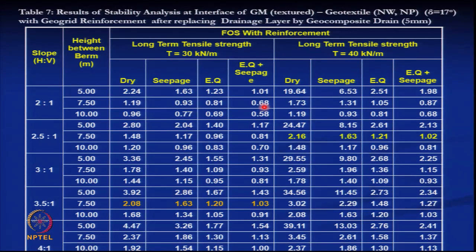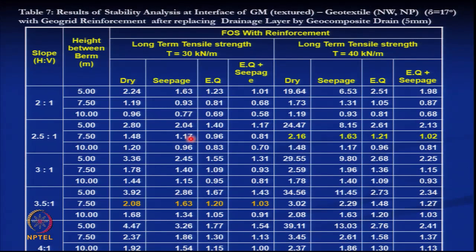But dare say if there is rain and earthquake, it falls below 1, and that's not acceptable. So 2 didn't work, so we tried 2.5. Let's make the slope flatter. Does it work? With 30 kilonewton per meter, 1.48, almost 1.5, okay.